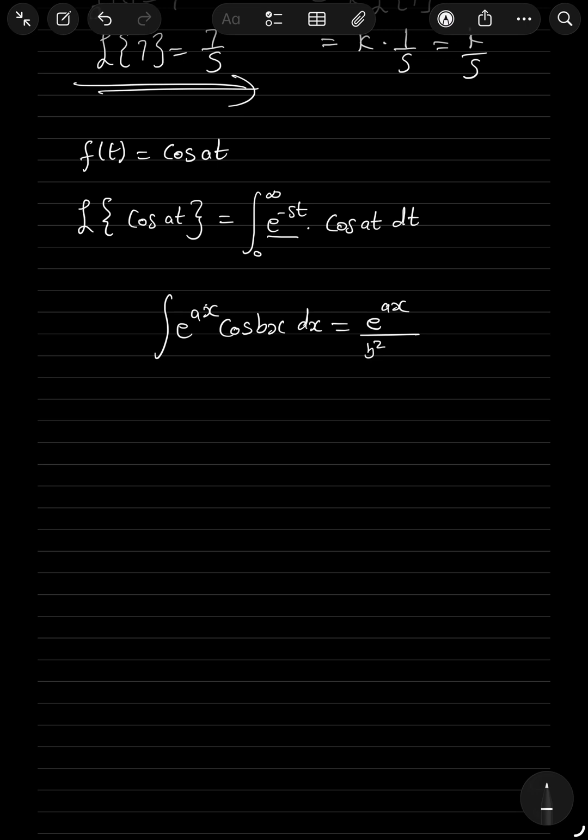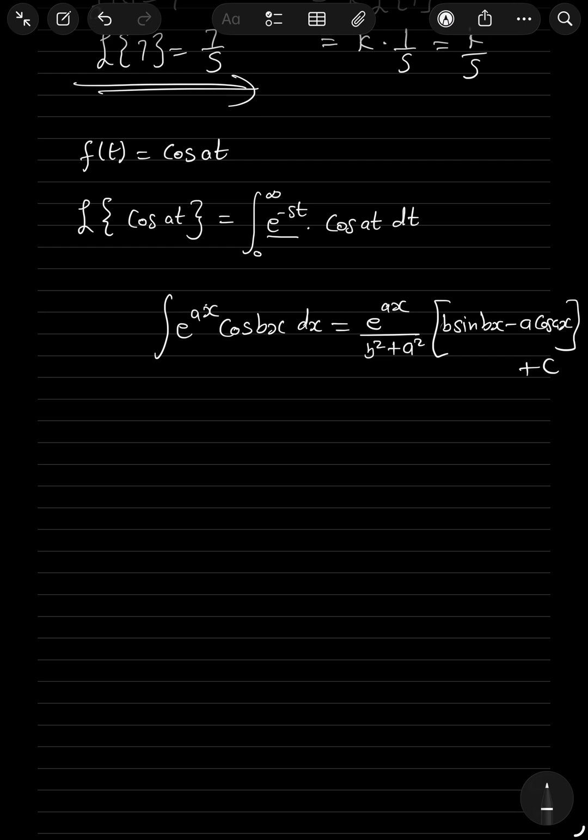This is going to be b plus, then a sine bx minus... no, this is going to be b sine bx minus a cos ax, obviously, plus c.